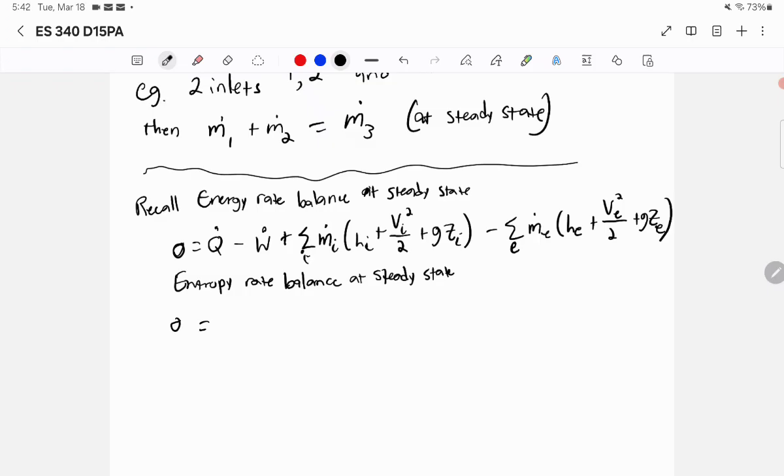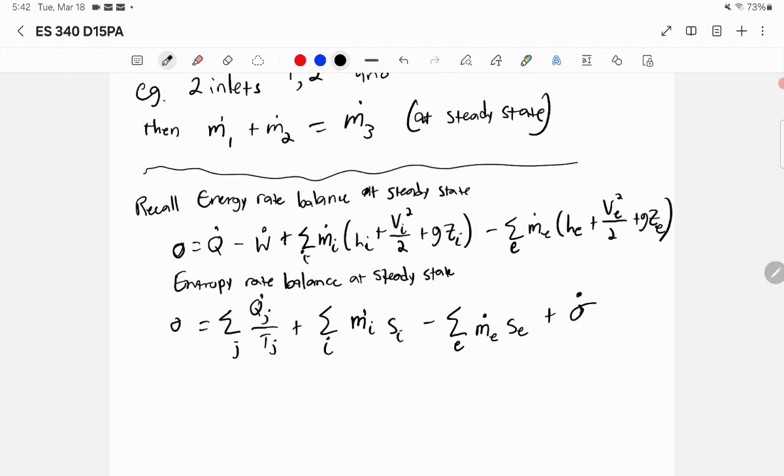So 0 equal to the sum over j of qj dot over tj, plus the sum over i, excuse me, of mi dot si minus the sum over e of me dot se plus sigma dot.